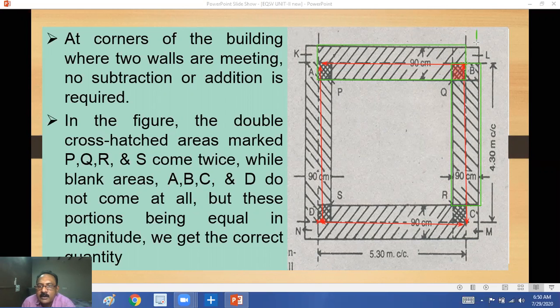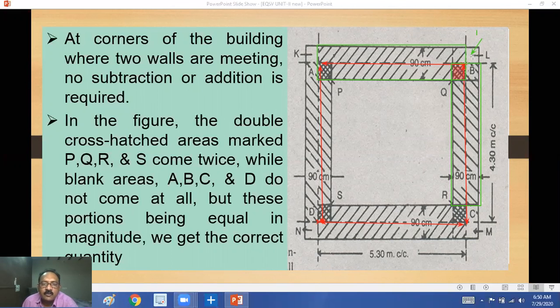Here we have not calculated, right? Here we have not calculated. This one is empty, right? So these are equivalent because it is a square and this area is equal to this area.